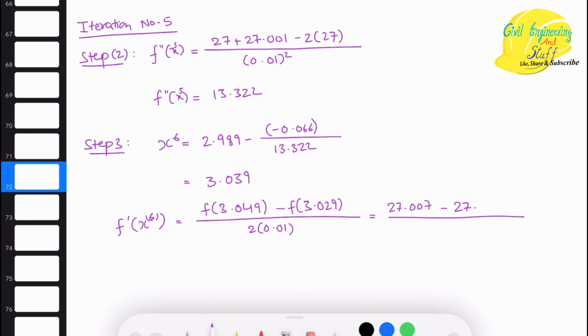Okay, 27.002. So divided by 2 into 0.01. So this comes out to be 0.228, right? We'll see step number 4.